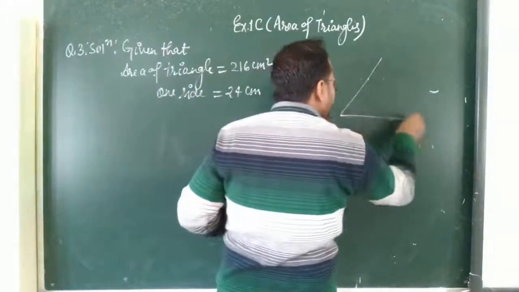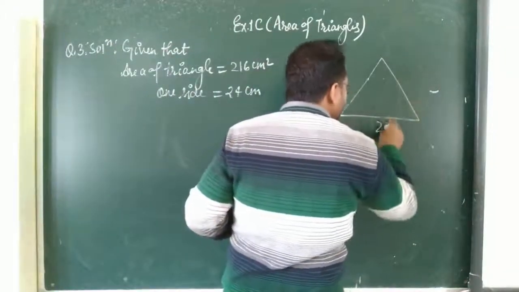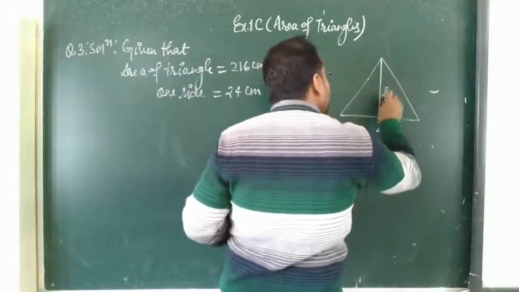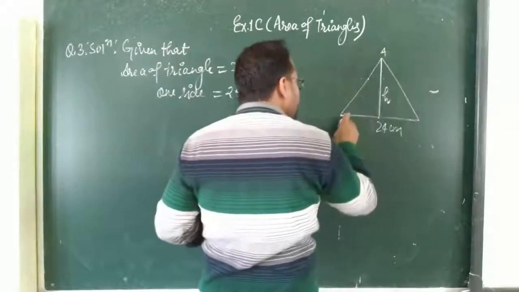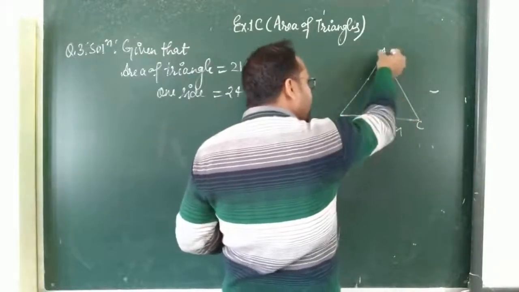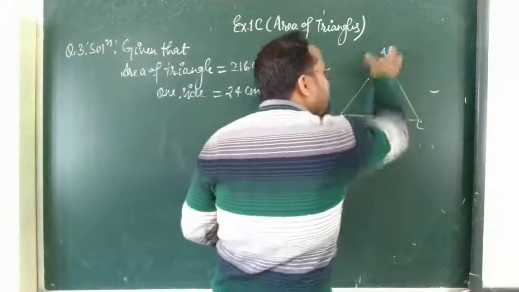So see this figure, this 24 centimeter is given, and its corresponding height is this one. Okay, A, B, C, it asks for the height drawn from the corresponding vertex.